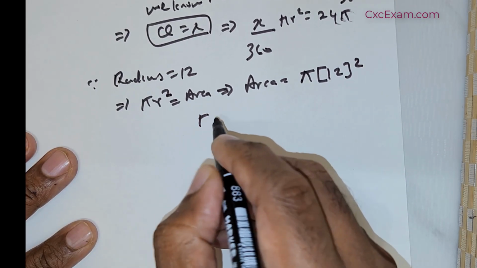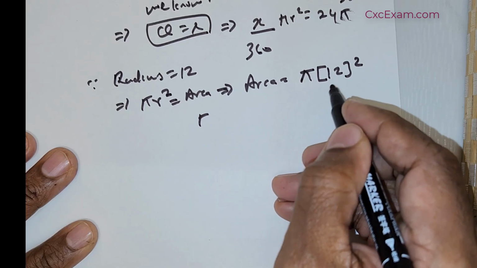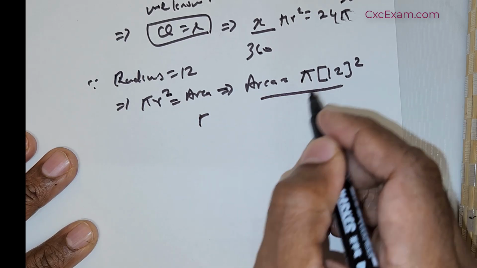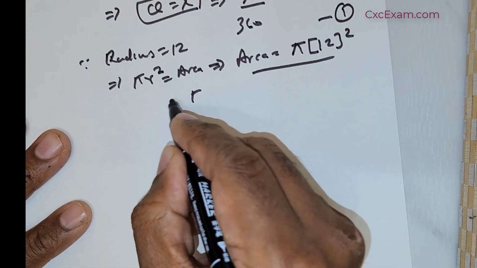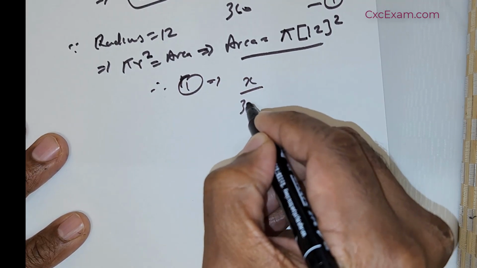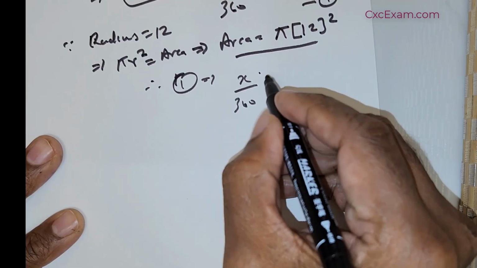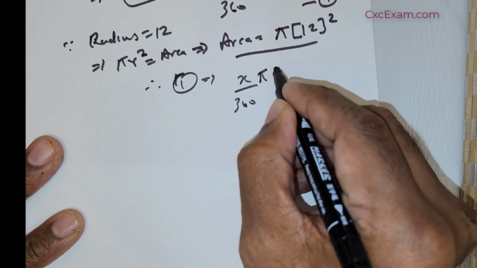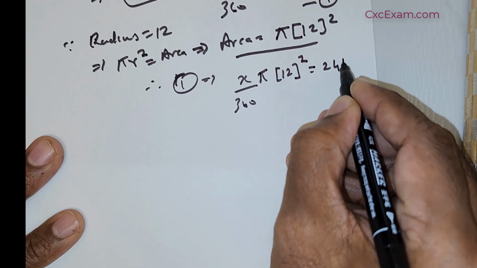So my pi r squared value is actually this. Now let me go back to the formula. So therefore I can rewrite it as x over 360, and in place of r squared I place 12 squared, and you have 24 pi.